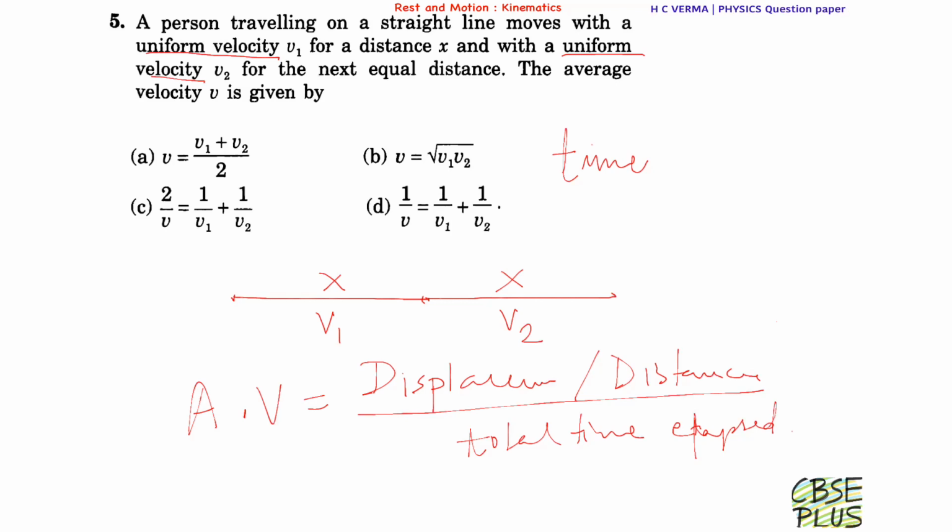One by one we will find out the total displacement. It is already given that there are two distances, x and x, so the total displacement or total distance traveled would be 2x.